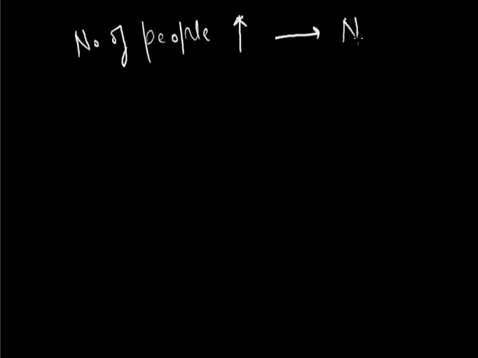Now we can see that there is a direct proportionality between the number of people and the number of loaves of bread. What I mean to say is that if the number of people increases, then the consumption of the number of loaves of bread also increases.